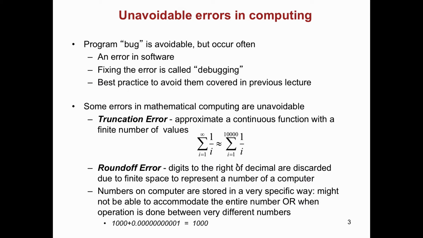The second error is the round-off error. That's based on the fact that my number, like pi, that we were trying to approximate last time, has an infinite number of digits in the decimal system. Okay? So if I were trying to store it in computer memory, well, I have finite memory to store it.